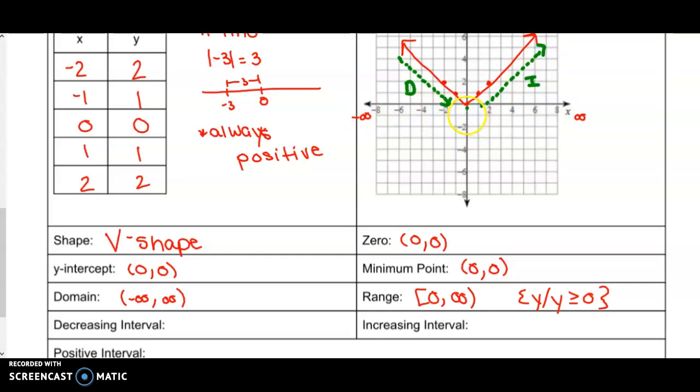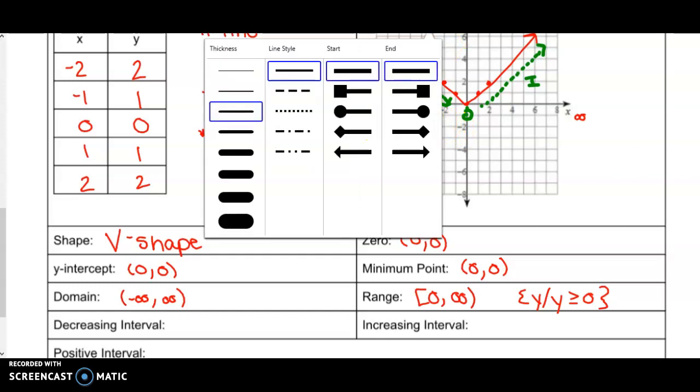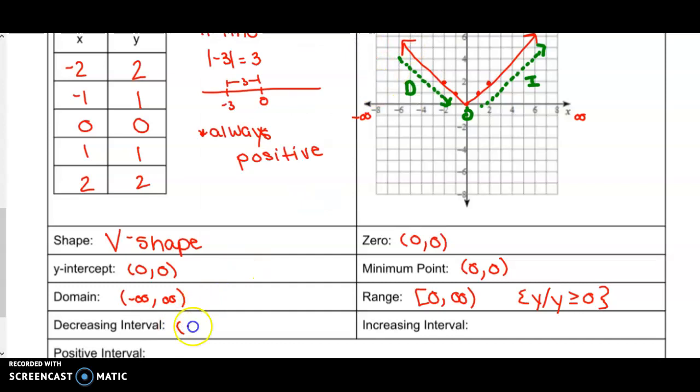And again, we use these x values. So I look here, and the decreasing is in between negative infinity and 0. Again, 0 is where it changes, so we do not use a bracket, we use parentheses. And then the increasing is in between 0 and infinity.